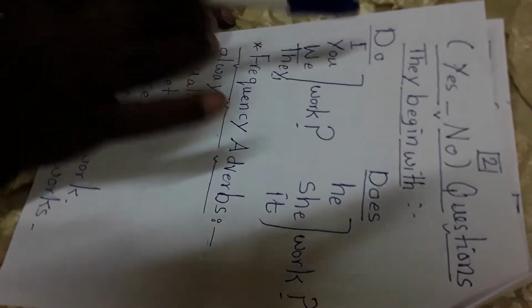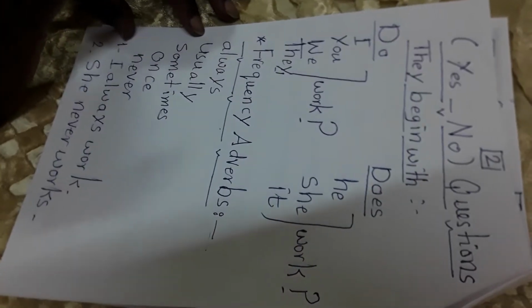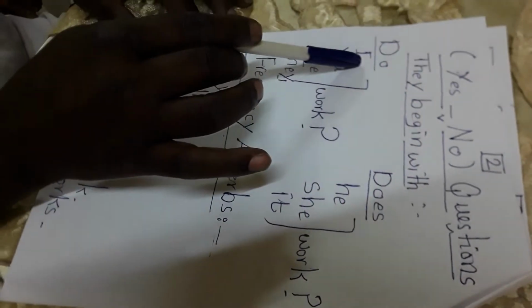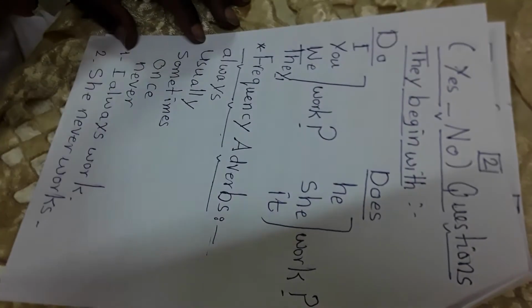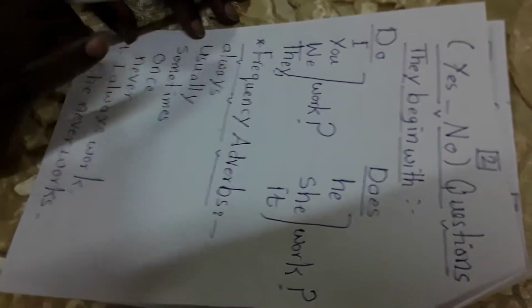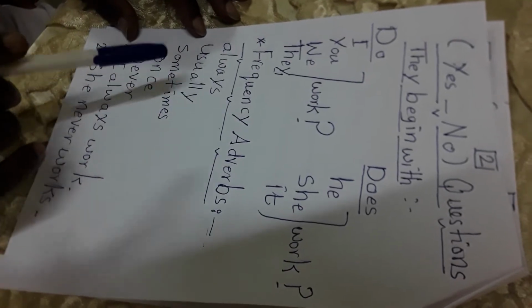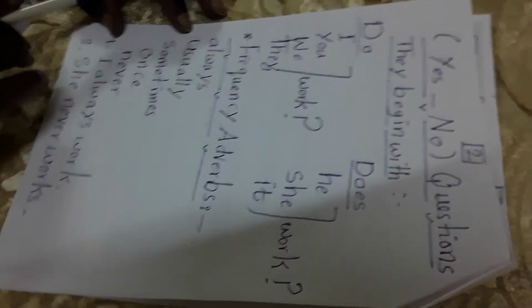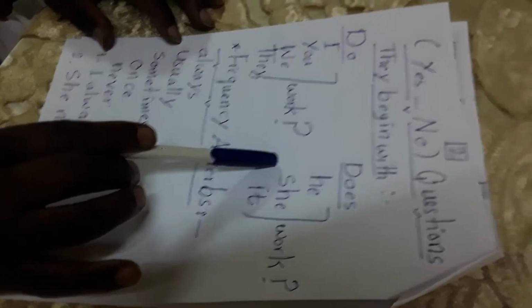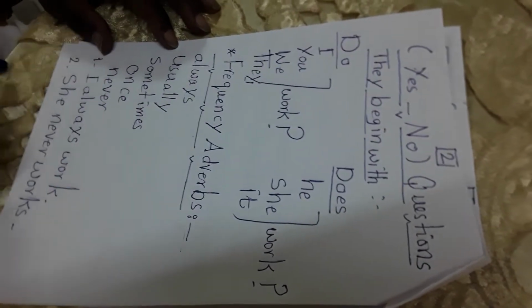We begin the question with do when the subject is I, or you, or we, or they. And we start the question with does when the subject is he, or she, or it.